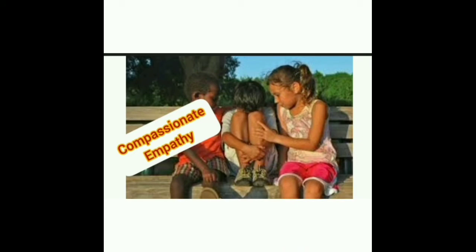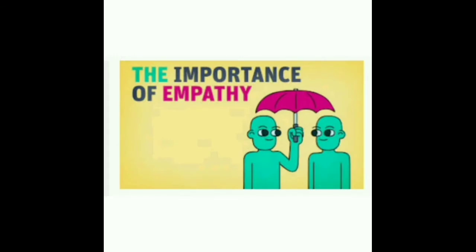The third one is compassionate empathy, a genuine love and concern for your partner and their welfare. For example, when you see someone in need and offer that person some food or money, that is compassionate empathy.